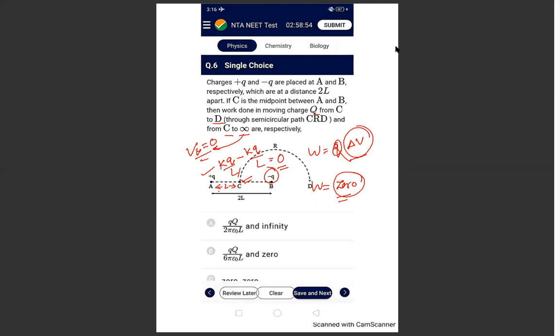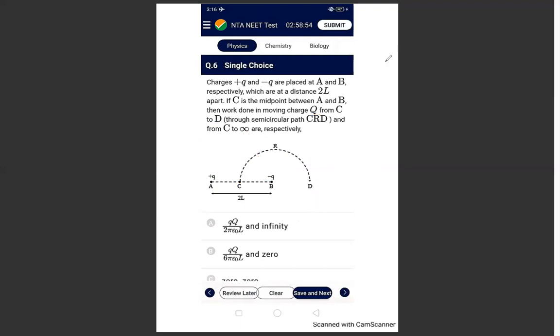If we wish to find out the answer for the first part, then for that we have to first find out the potential. We got the potential at point C is equal to 0. Let's find out the potential at point D. You know that at point D, we have the potential due to plus Q, which is located at a distance of 2L plus L, that is 3L.